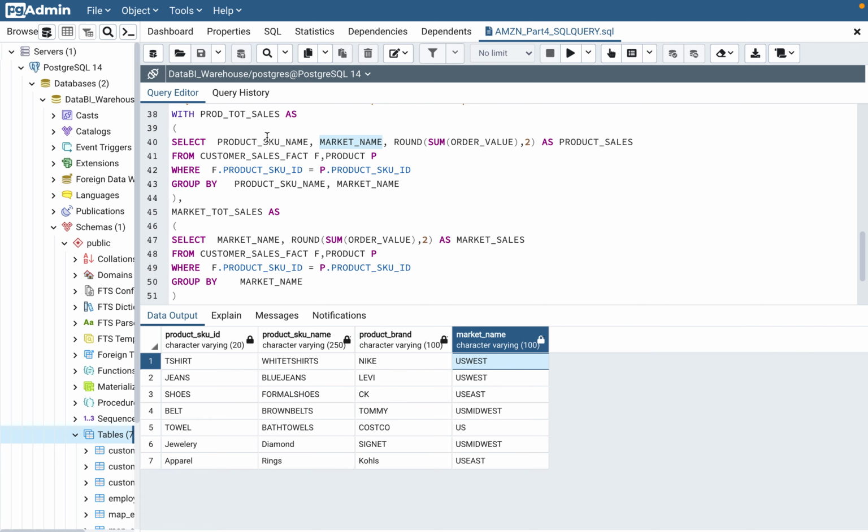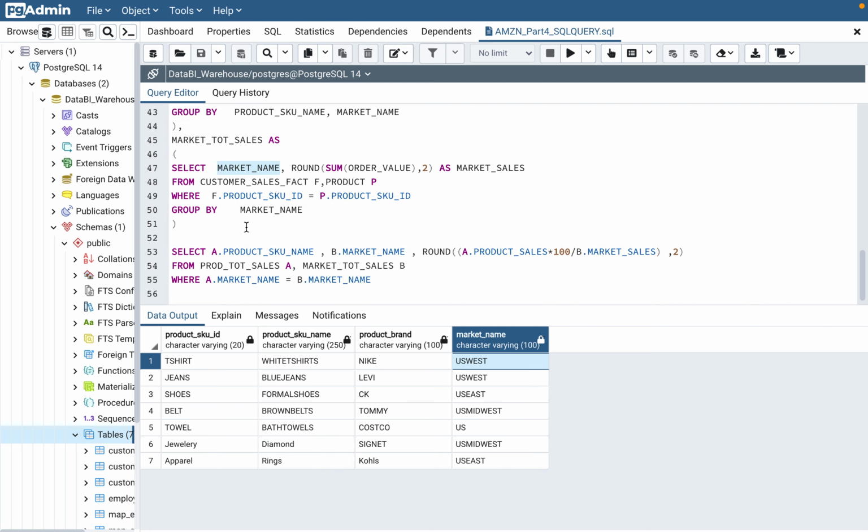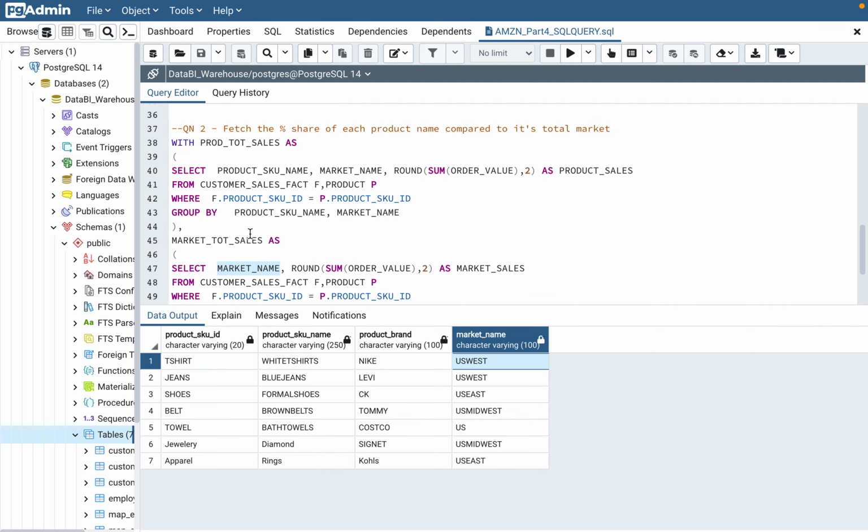Here we are just taking product sales, but we are putting the market name because we have to group by market, and because when we do the final query between two tables, we need a joining column. That's why we have to pull the market name here. That's not going to impact the product name, because we are going to group by product name and market name. The lower level is product name, so it will group by product name.